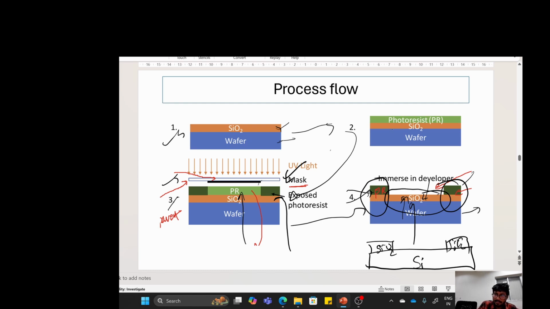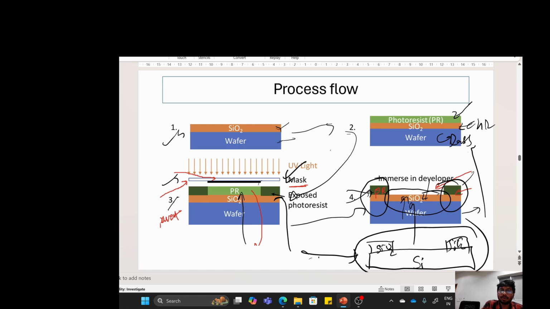This is the same process. Suppose the wafer is glass, this SiO2 is your chrome, and this is the photoresist over that, and you want to transfer the pattern over this mask.